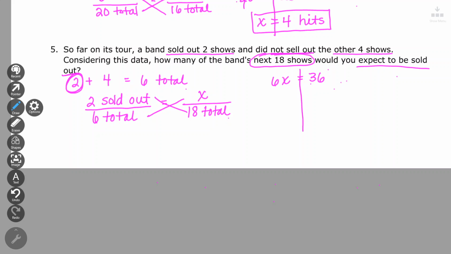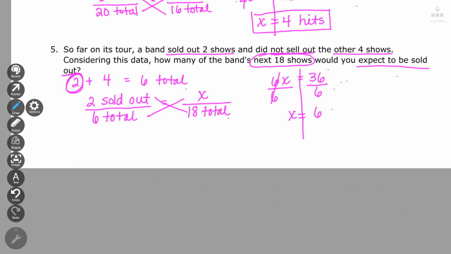All right, let's draw a line there to separate the two sides of the equation. On one side, we have 6 times x, which we're multiplying by 6. The inverse of that is dividing by 6, so we have to divide by 6 on the left and divide by 6 on the right. Those two 6's cancel out, and we have x equals, now 36 divided by 6, that is 6.